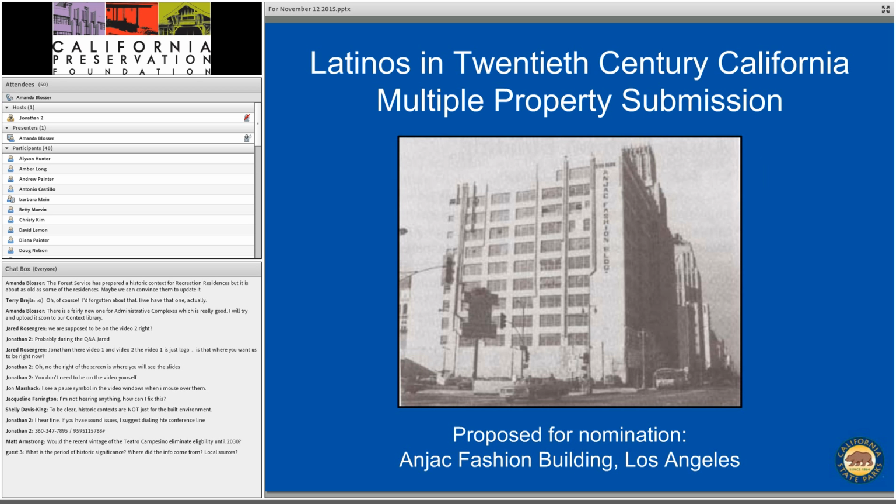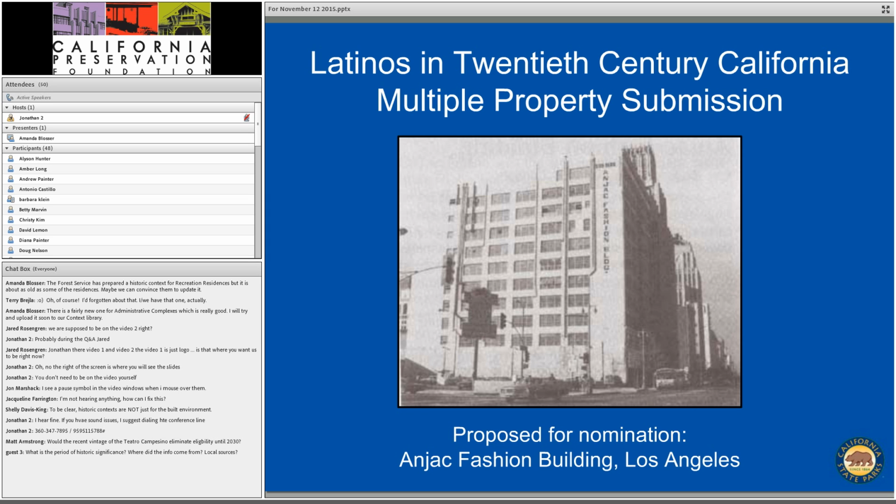We'll move on. Another property that's significant within the context of Latinos making a living and Latinos and labor history. In the middle 1960s, 2,000 female workers walked off the job here. They were working under terrible conditions, and they were not getting paid for the work they were doing.